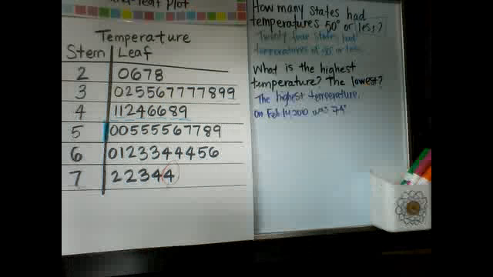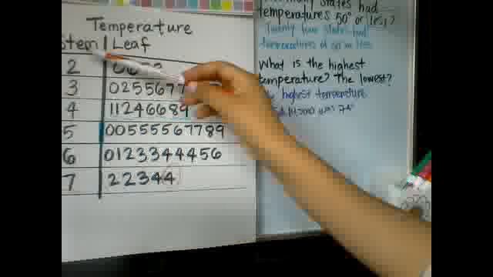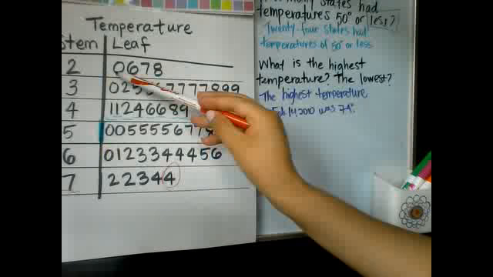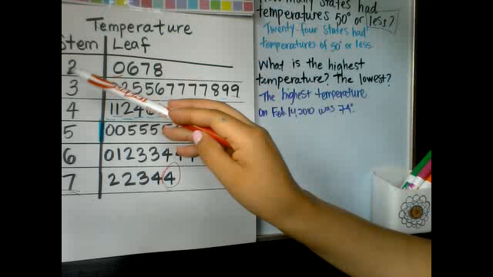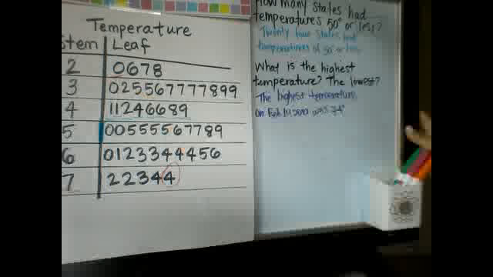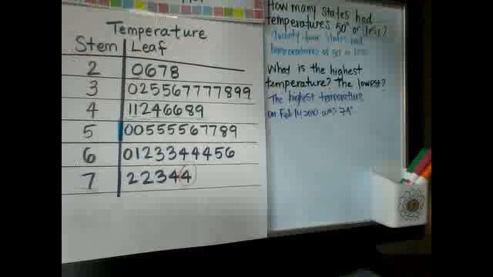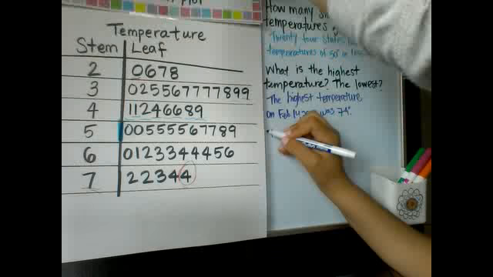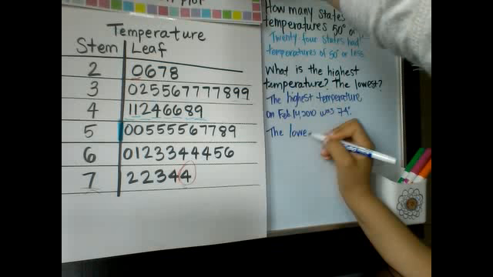Okay. Now we need to see what is the lowest temperature. Well, same thing. Let's go to our lowest number over here, which is the 2, and the lowest number would be the 0. So together it would be 20. So the lowest, now we are going to answer in complete sentences.